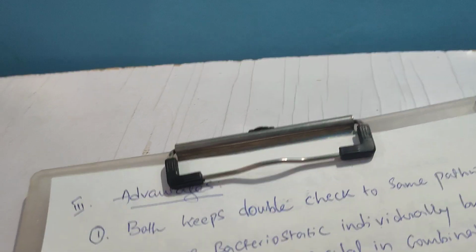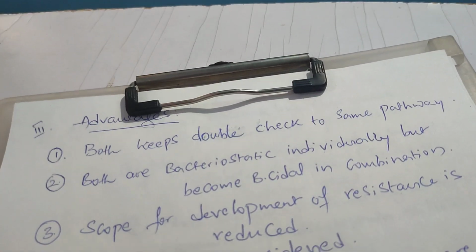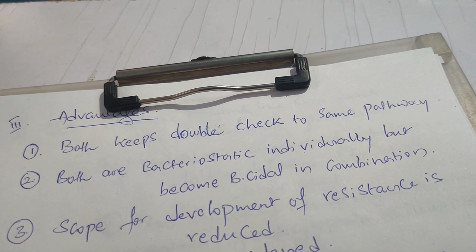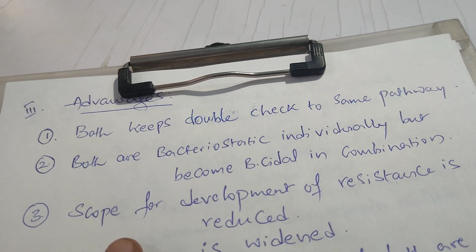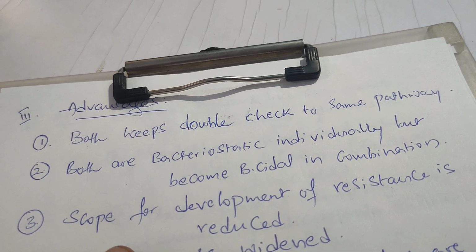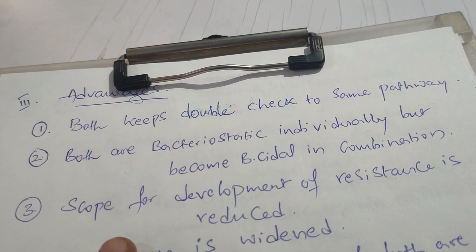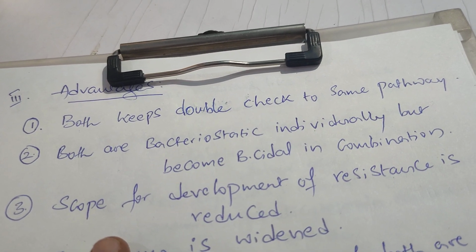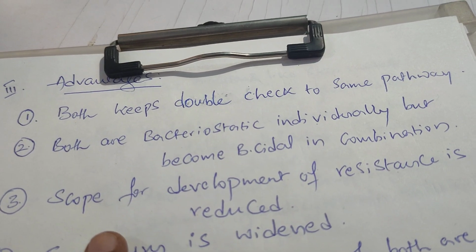Next, when used in combination, the scope for development of resistance is reduced. When bacteria are given only one drug, they may bypass one step and escape the action of that drug. But when two drugs are used at a time, bacteria will often fail to develop a resistance mechanism.